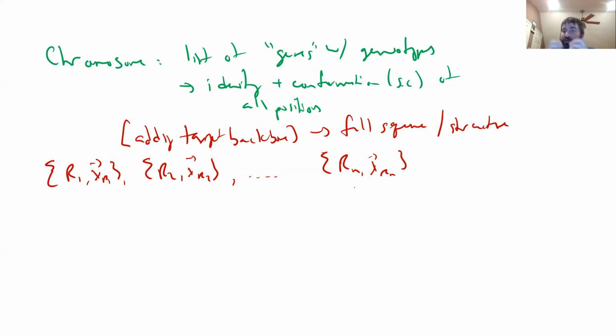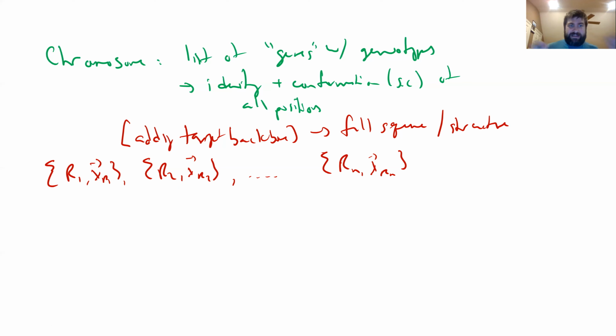Maybe we want an ordering that keeps neighboring positions in the target fold closer together in linear sequence, or not. There may be reasons we want to adjust the ordering. We might want to just try a random ordering. But once we've chosen an order, it has to be fixed.